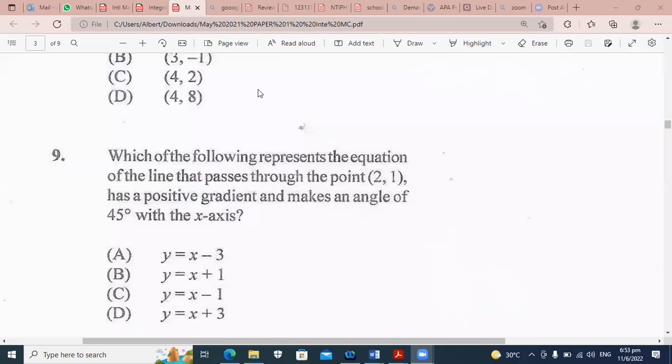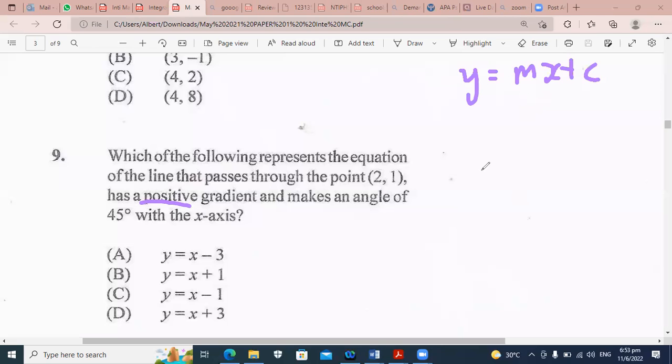The equation of a straight line is y equals mx plus c. Now it says the gradient is what? Positive. It means that the line is rising to the right.